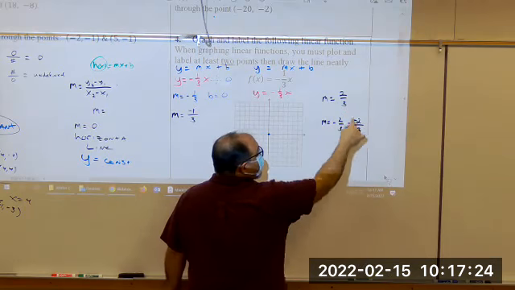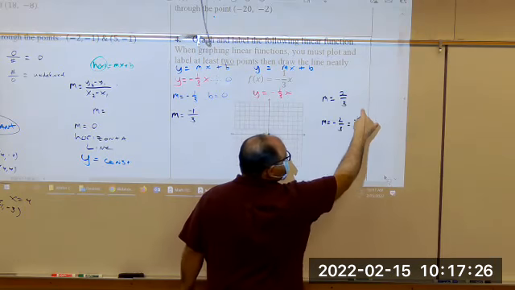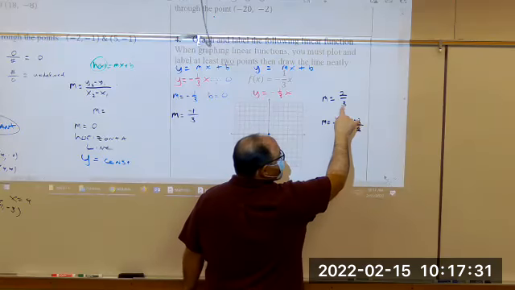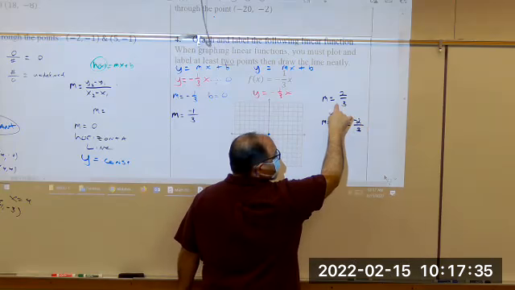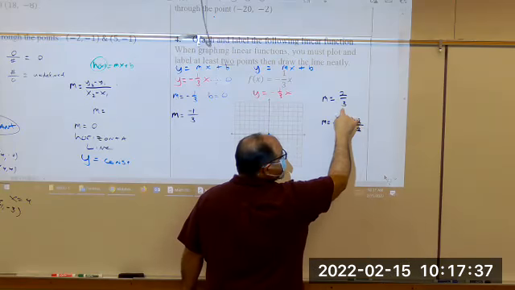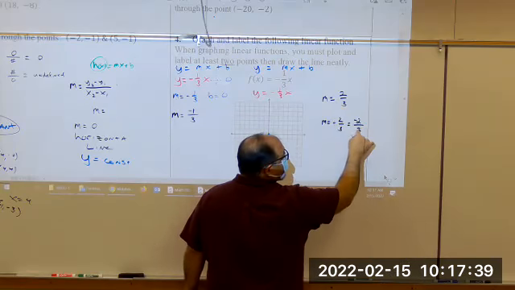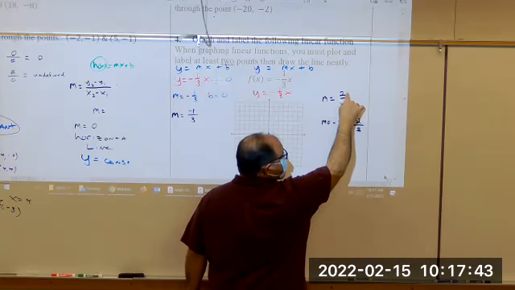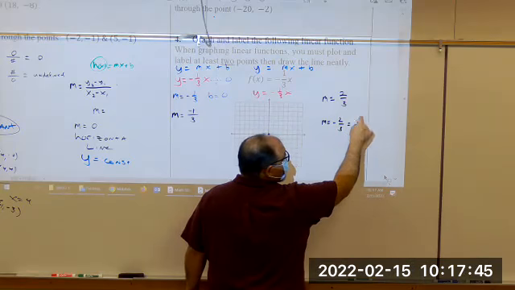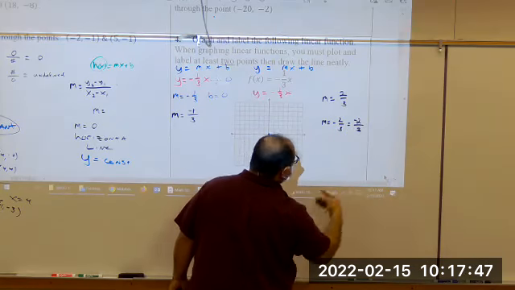So either way, my first move is either up or down, but my second move is always to the right. The first move is up when it's positive, down if it's negative. The second move, I'm always going to the right.